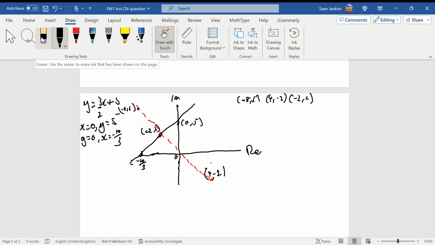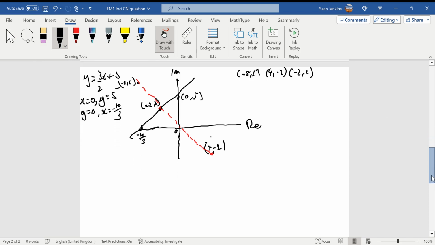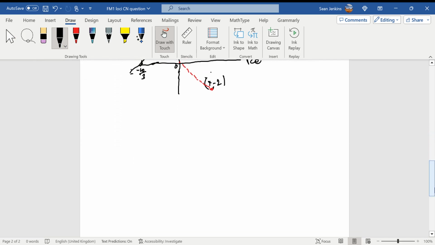Now we need to equate our two lines. For part C, we must say, well, our lines are minus 2/3 x and 3 over 2x plus 5.